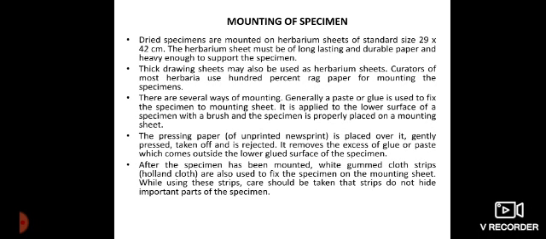There are several ways of mounting. Generally, paste or glue is used to fix the specimen to the mounting sheet. The pressing paper is placed over it, gently pressed, and taken off, and that removes the excess glue or paste. After the specimen has been mounted, the strips containing the specimen information have to be fixed.